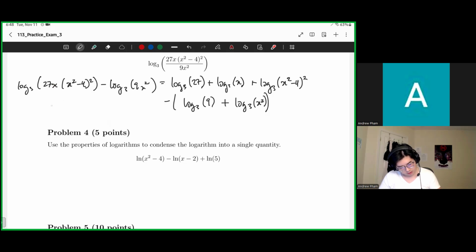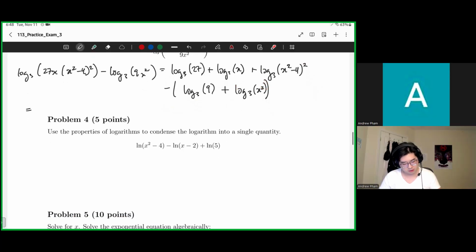And simplifying further, now this is the point where we either compute out the logarithms if we can, like these number logarithms you can simplify, or you use the power rule to put any exponents you see in the arguments to the front. So my final answer should be given by: log base 3 of 27, I ask myself, what power do I raise 3 to, to get 27?